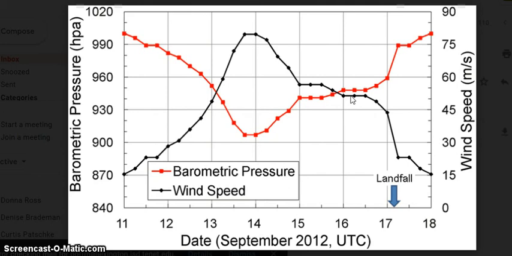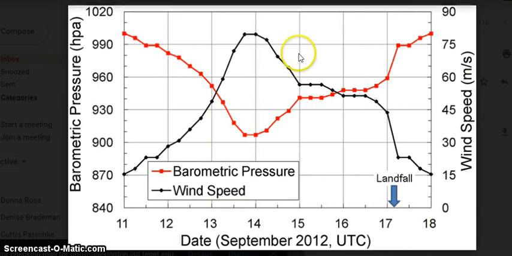Now, barometric pressure is not used to categorize tropical cyclones. Only wind speed is used to categorize them. But barometric pressure is a very good indicator of the general strength of the storm as well. Okay? And when you've got high winds, you know that that's a strong storm. And high winds are also going to be associated with really low air pressures or barometric pressures. Okay? So I just want you guys to be familiar with that.